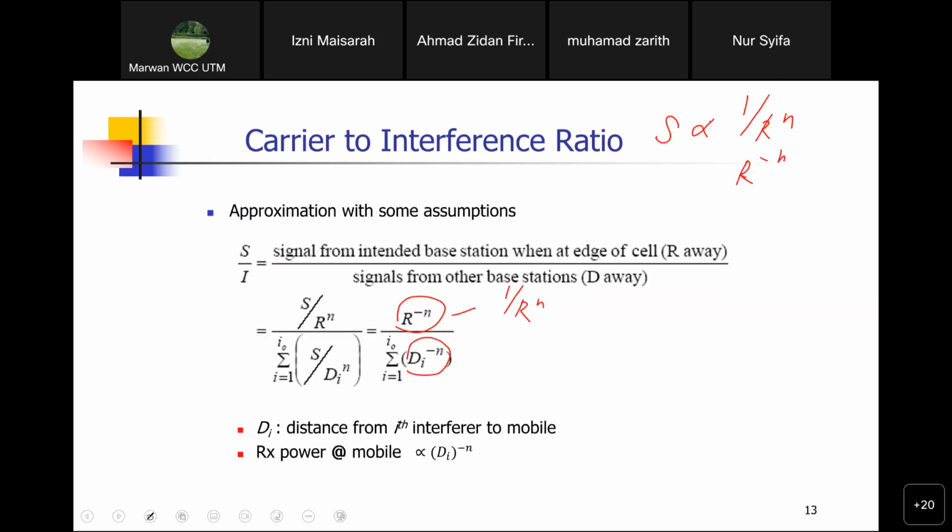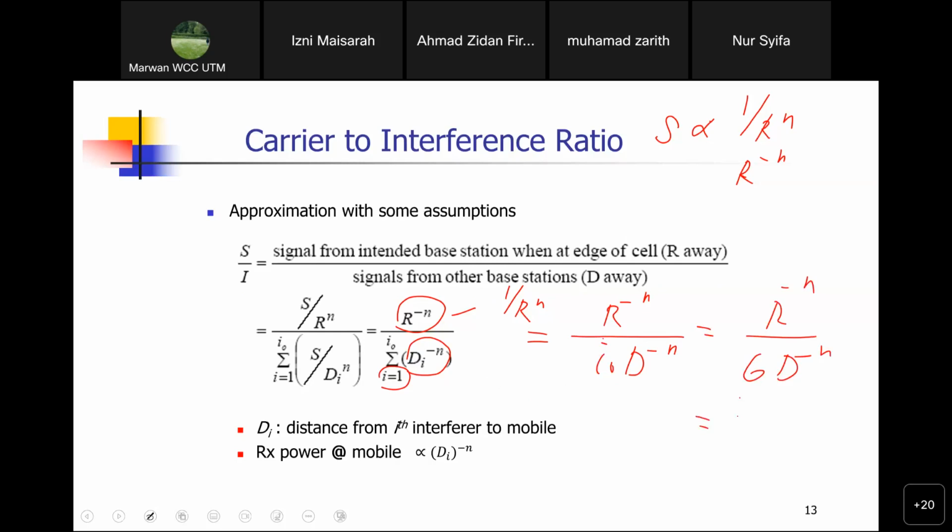So if you look back over here, if you want to simplify that, this gives you R to the negative N. If you add from 1 to I naught, it means that you get D to the negative N, I naught. Right? If I naught is 6, in this case 1 until 6, then you get R to the negative N, 6, D to the negative N. 6, because there are 6 interferers coming in.